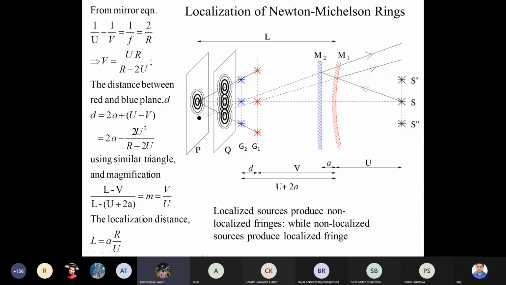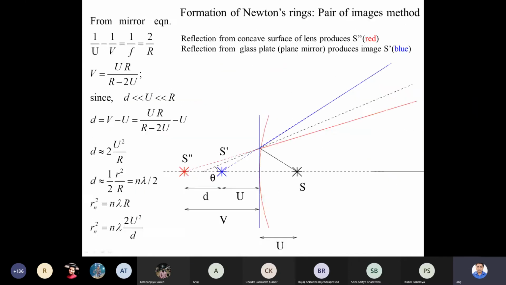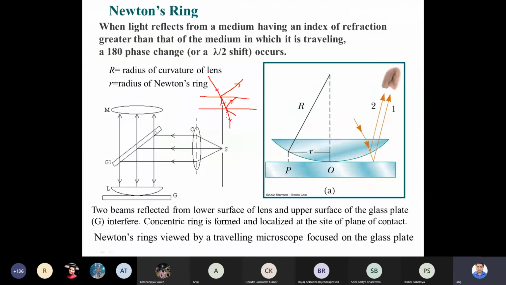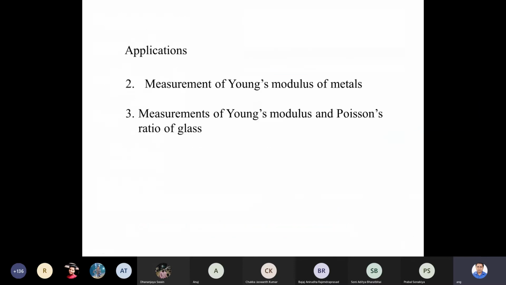Then how does a localized source produce non-localized fringes? Here you have the non-localized source. Now you see, you have this extended source. Just consider this. At different positions you have this. We are just taking three sources, S prime and S double prime, in this setup.